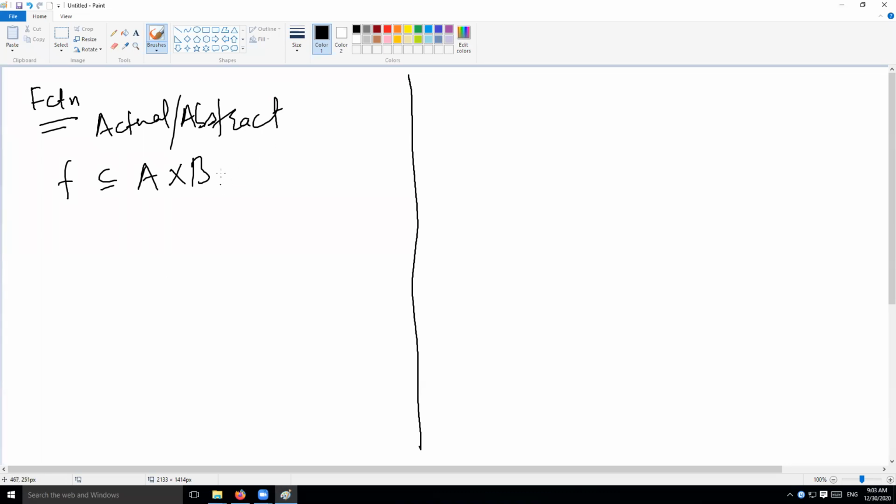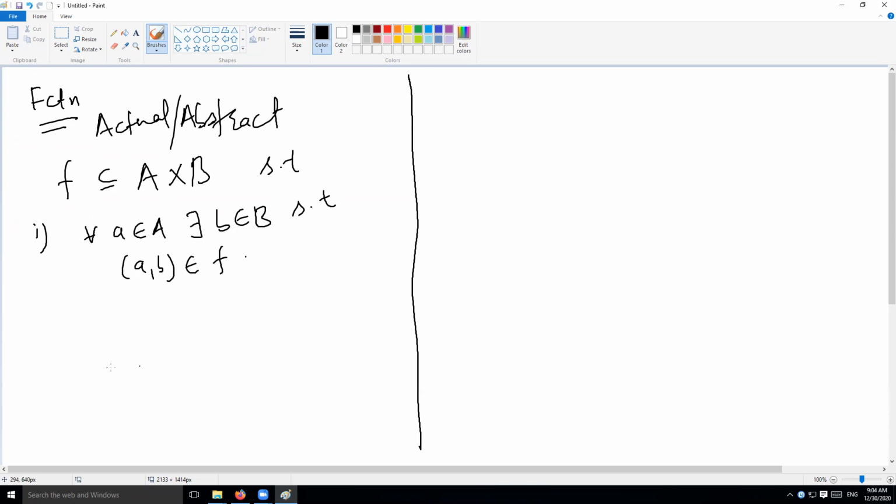But it's a subset such that it satisfies two properties. Number one, that for every a in A, there is a b in B such that a is related with b through this relation f.